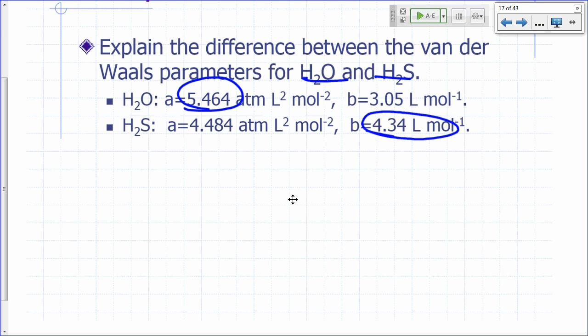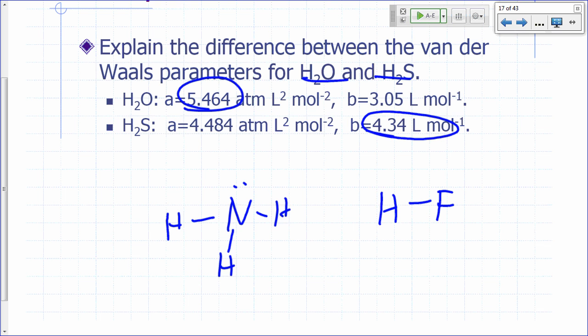What other molecule do we know of is capable of hydrogen bonding? Remember, ammonia is also capable of hydrogen bonding. So these are the kinds of molecules you need to be alert to. HF. Anytime you have hydrogen attached to fluorine, oxygen, or nitrogen, it should immediately trigger something in your mind that says that could be an exception. So I have to consider hydrogen bonding if we are looking at intermolecular forces.